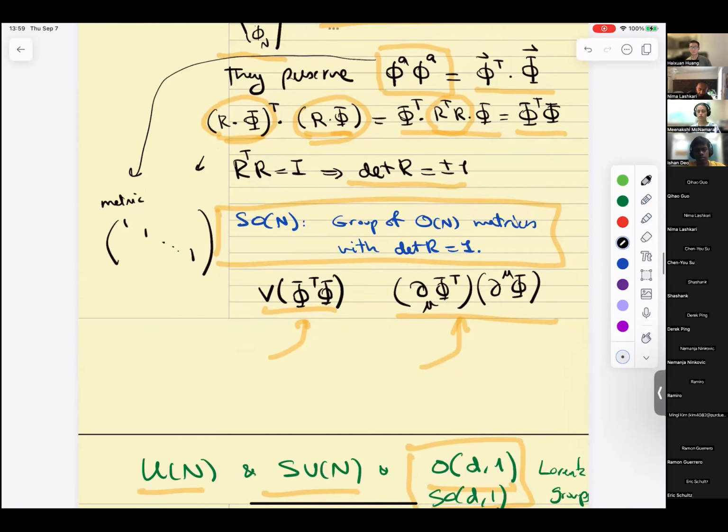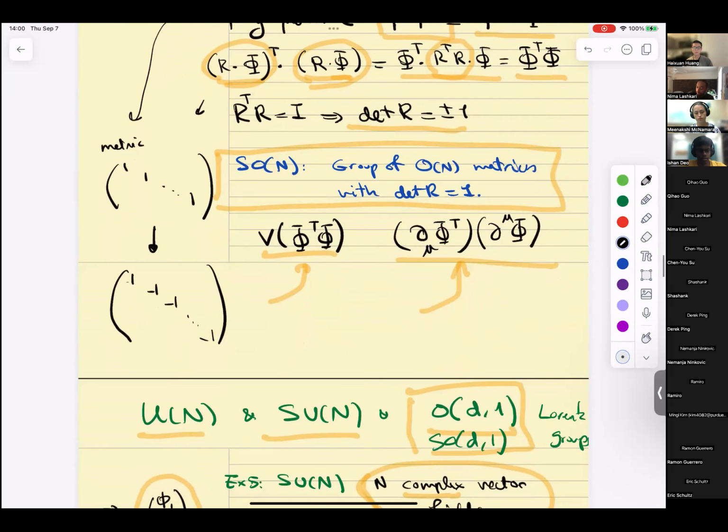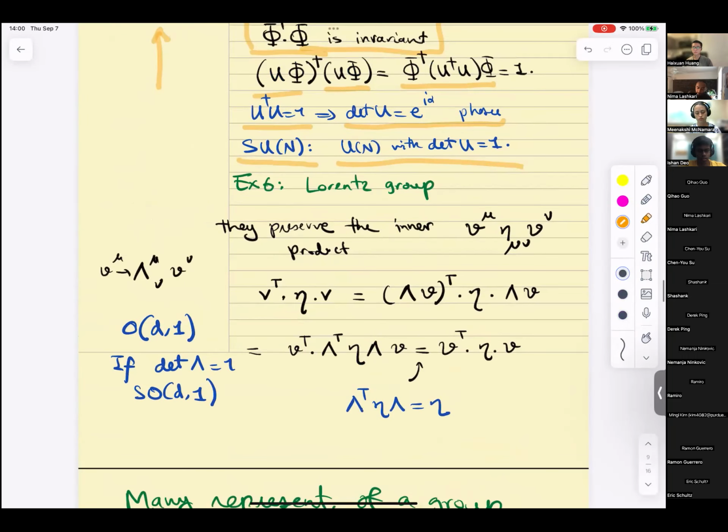If you just do the same exercise, but flip the sign of one of these, and pick a metric which is Lorentzian, then the same group is going to be O(d,1). So how is it?